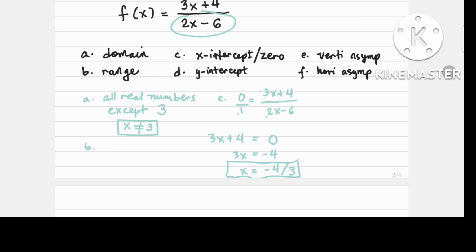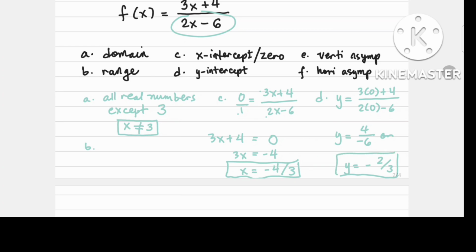While to compute the y-intercept, we will set x to 0, meaning we will replace all the x's with 0. If we do that, that leaves us with y is equal to 4 over negative 6. Or, simplifying that fraction, we'll have y is equal to negative 2 over 3.